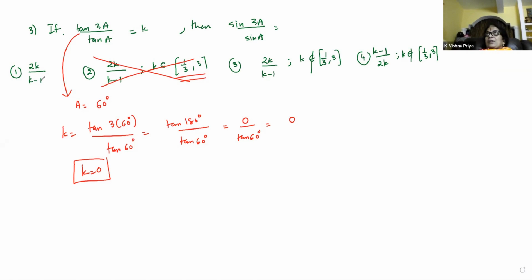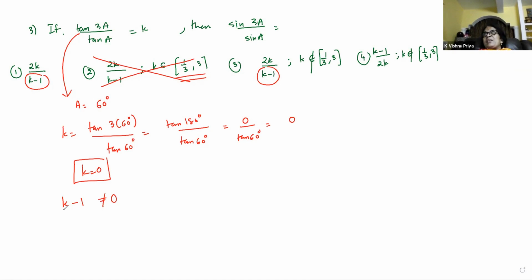Did you see here? In the denominator, you have k minus 1. That's another issue. If you have k minus 1 in the denominator, k minus 1 cannot be 0.